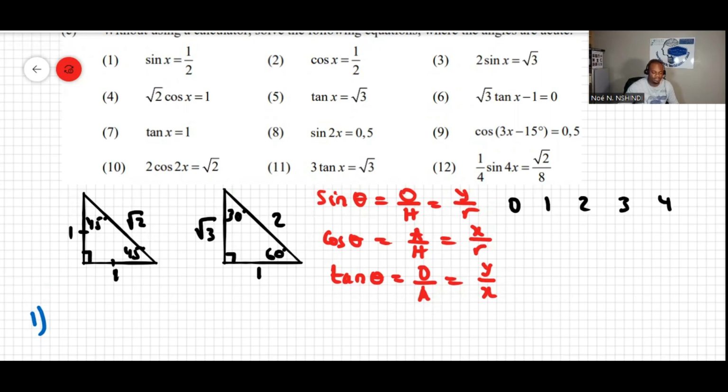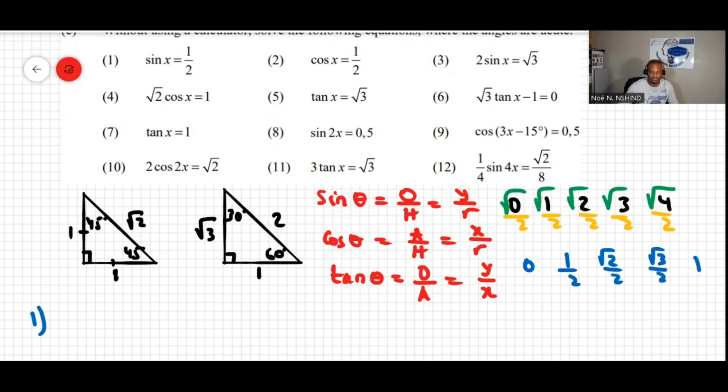Now the next step will be to square root all of them, and then the next will be to divide each by 2. And then we get the values 0, 1 over 2, root 2 over 2, and then root 3 over 2, and then 1. So this way is for the sine.